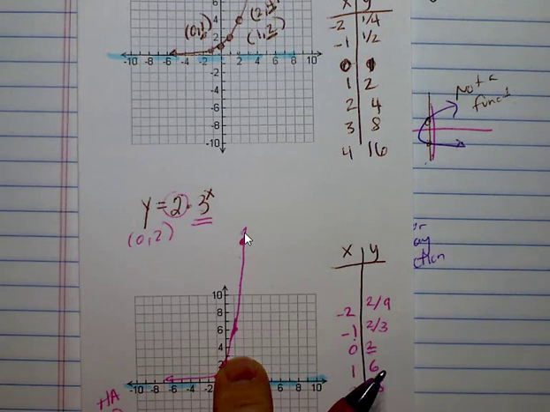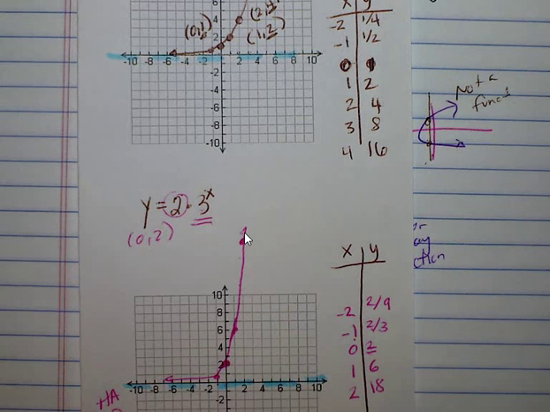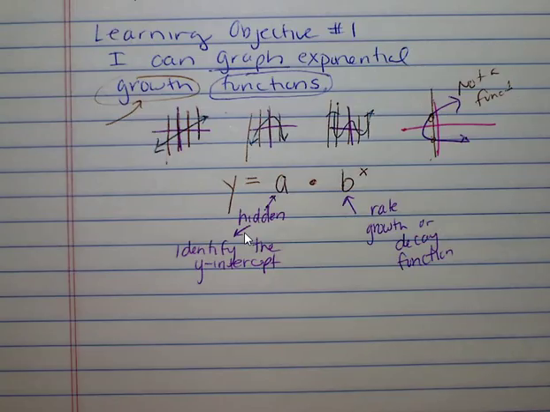All right, nice job. Now we're going to talk about, please write down learning objective number 2. Learning objective number 2. We'll come back and analyze the end behavior of those two in a little bit.